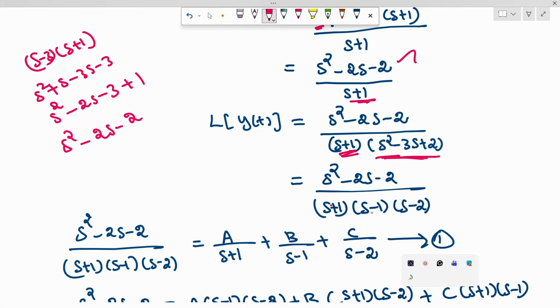For this quadratic equation, we can write it in the form of s minus 1 into s minus 2. Here the roots are 1 and 2 for this quadratic equation.